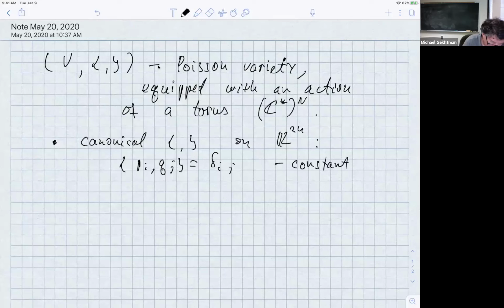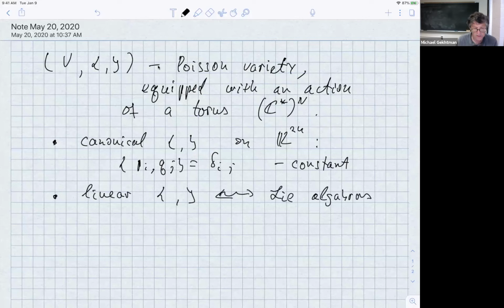And the next, probably in complexity, is a linear Poisson structure, and these are connected with Lie algebras. So a Lie algebra has a bracket that satisfies the Jacobi identity, and you can use that to produce a Poisson structure on the dual of the Lie algebra.